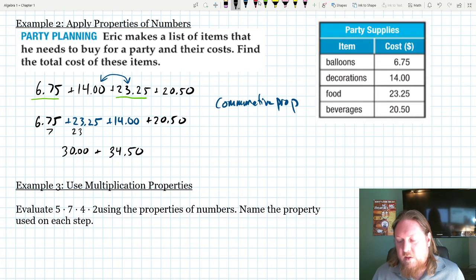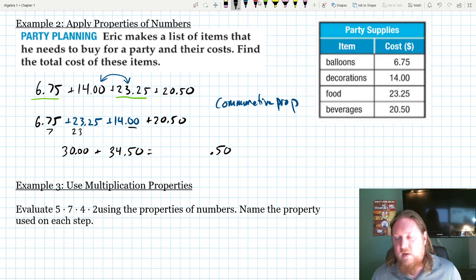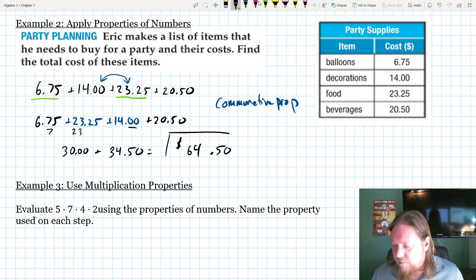And because the $14 didn't have any change in it at all, it's just 50 cents. The 0.5 is just hanging off there. Now I got another number with no change on it, so I know my answer is just going to be 0.5, or sorry, 0.50, because we're talking about dollars. 30 plus 34, that is $64.50.